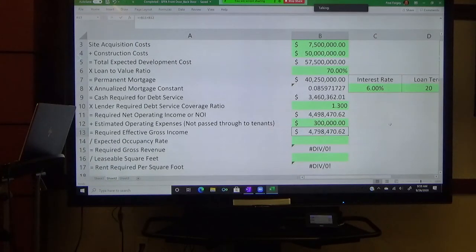Okay. So in this case, let's say that we have an expected occupancy rate of, I don't know, give me a rate. 95%. That means our required potential gross revenue would need to be $5,051,021.70. Now the final calculation for this approach, the front door approach, is that all we need to know is how many square feet we have in this property.